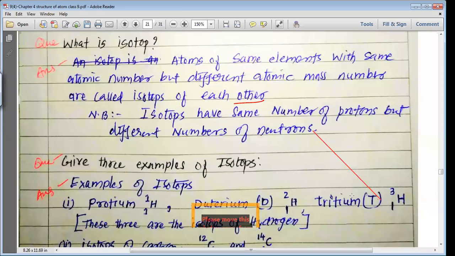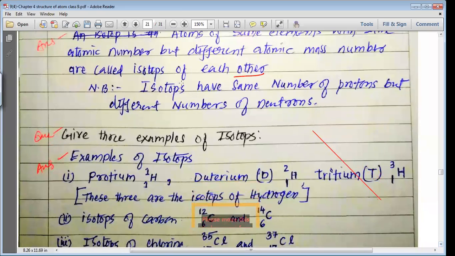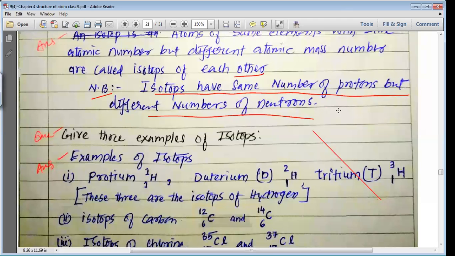Now there is one more important thing to note down, that isotopes have same number of protons but different number of neutrons. So when we study the definition of isotope, they have Z the same.